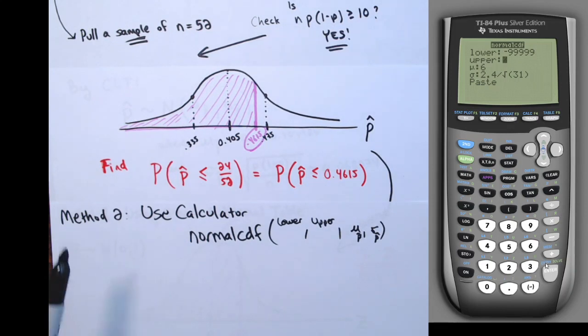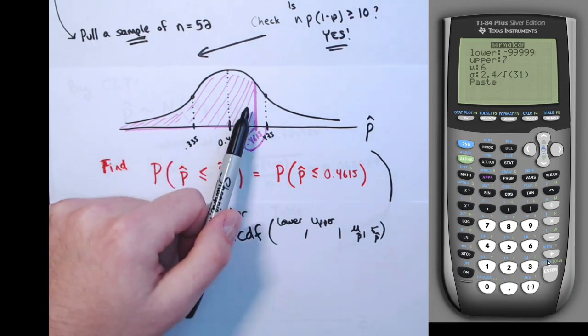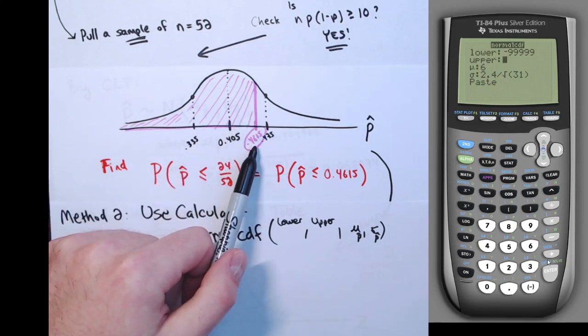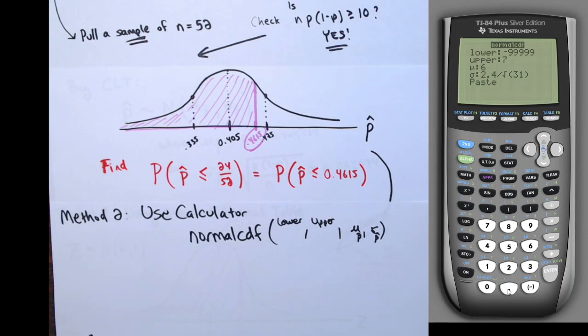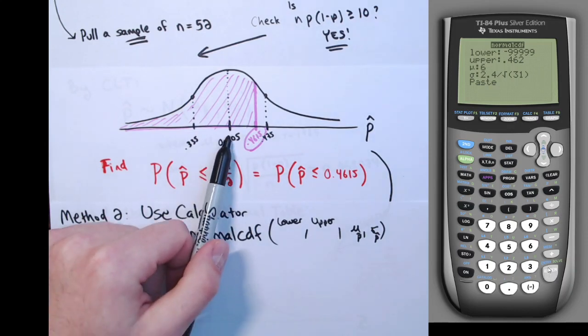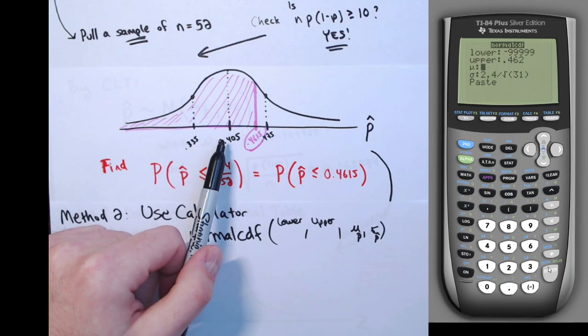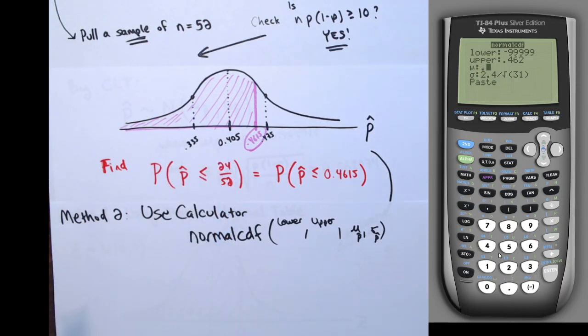Then the upper value in this region was that particular p-hat, that 24 out of 52, 0.4615. I'll just do the 3 decimal places like they had, 0.462. The mean was the p, that was 260 out of 642, 0.405, going to the 3 decimal places like they had.